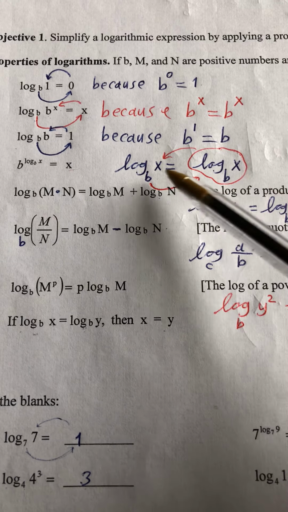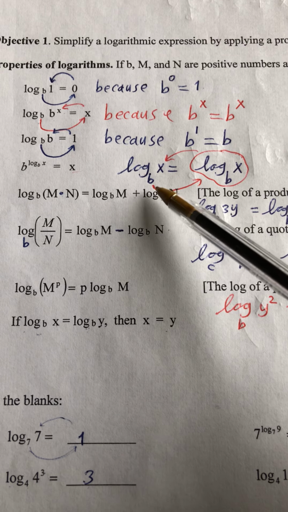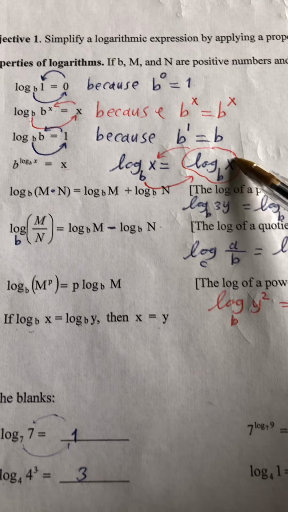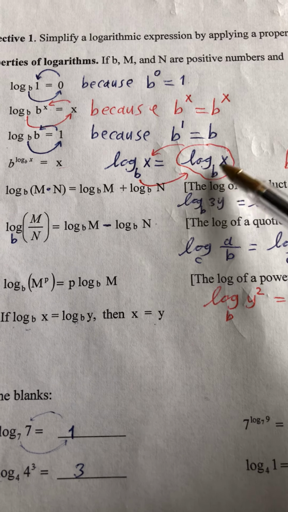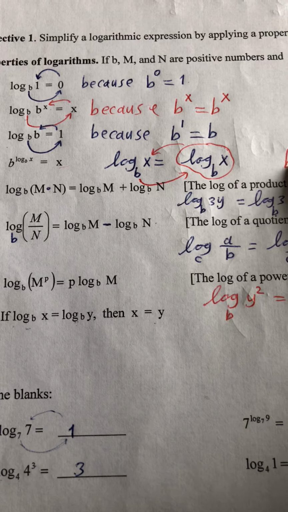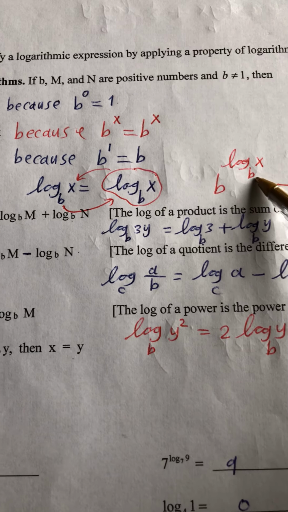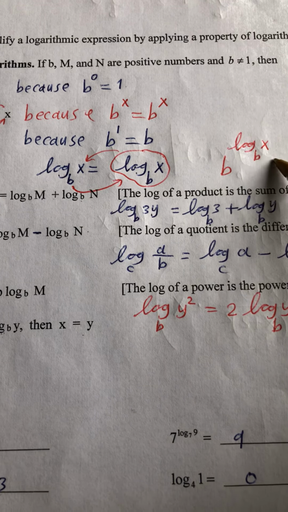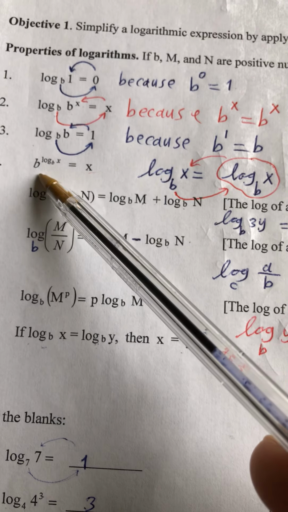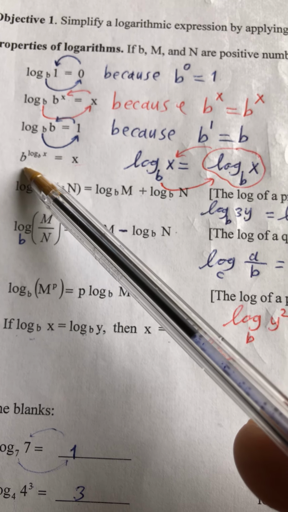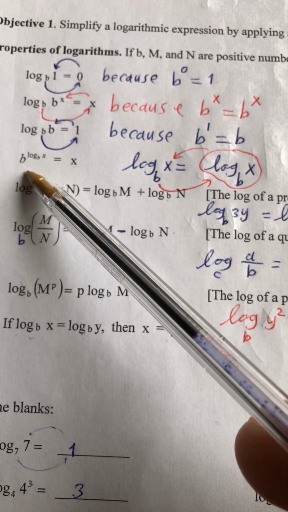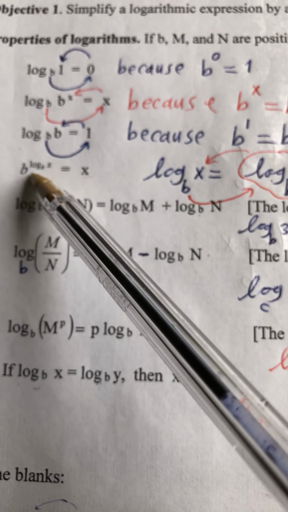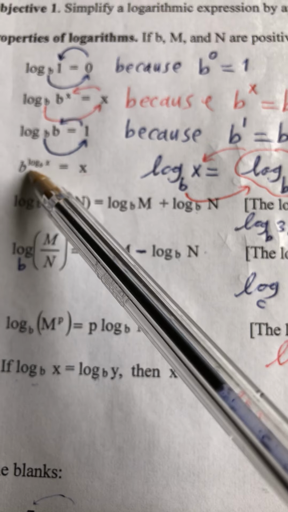Now use the definition of logarithm, so we start from the base, so the base here is b, so b to the power log with base b of x is equal to x, which is the same as this. Or b is cancelled with b, so we get x.